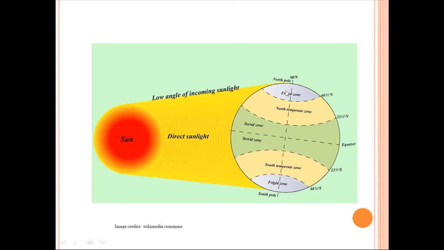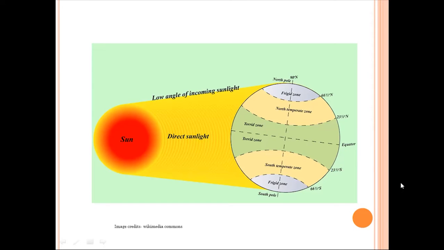Frigid means the polar zone here. So the climate also varies according to the latitude, and the climate is going to influence the type of biological community that will be found at various regions.